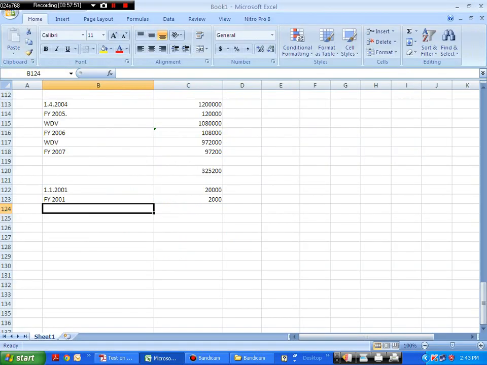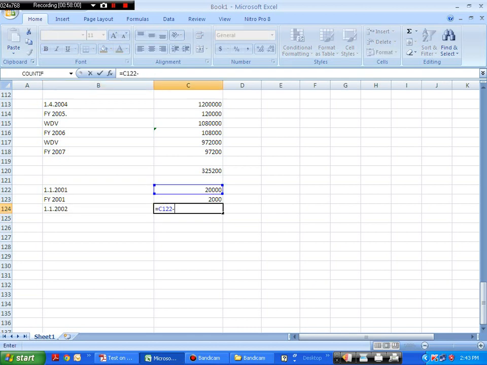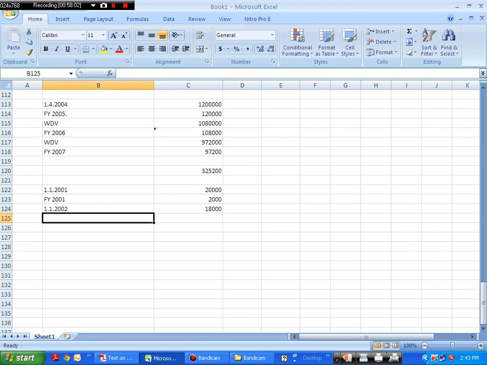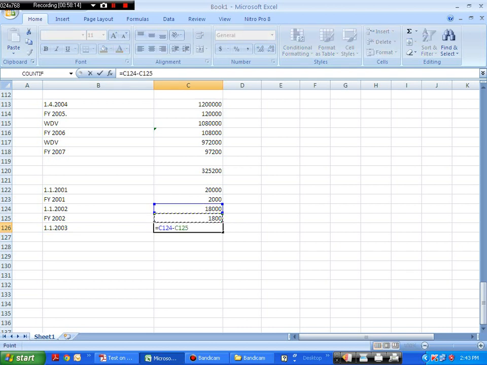So as at 1/1/2002, the WDV is 20,000 minus 2,000. So for FY 2002, depreciation will be 1,800. So on 1/1/2003, the WDV will be 18,000 minus 1,800.